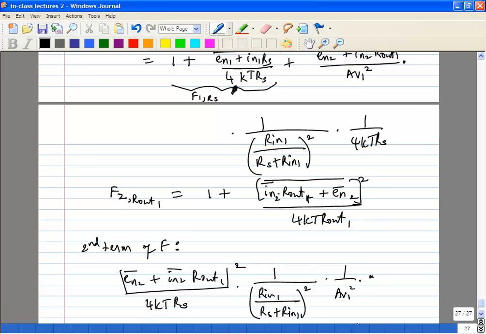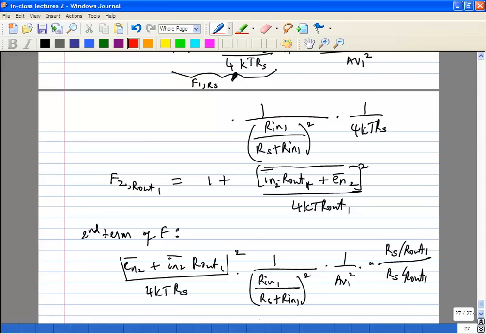So what I'm going to do is multiply and divide by Rs over Rout1. Look at this guy. That happens to be the power gain of the first stage.